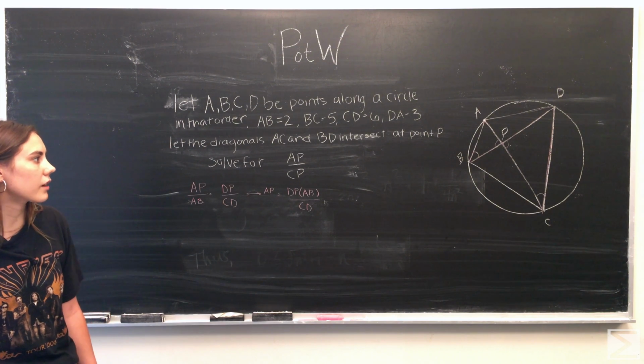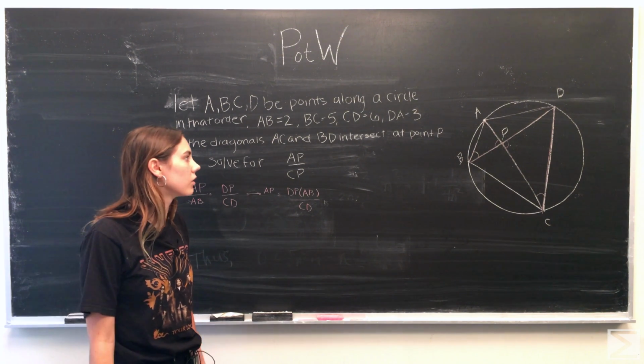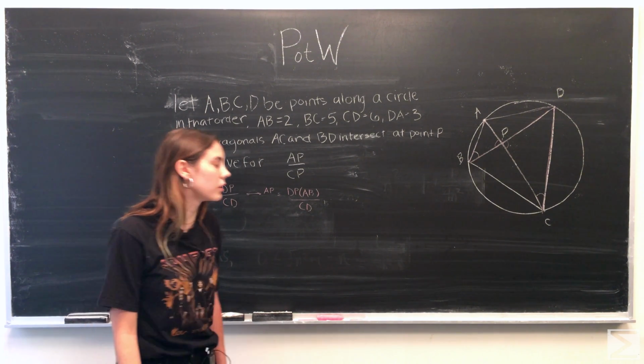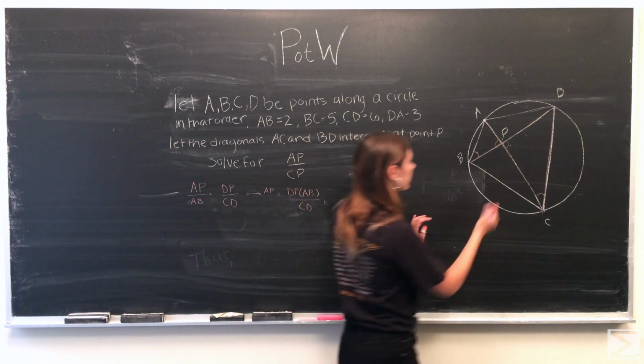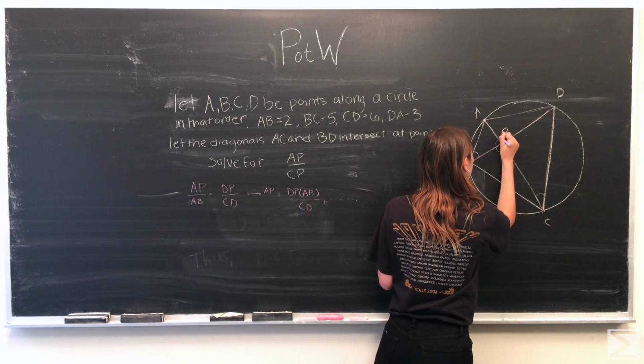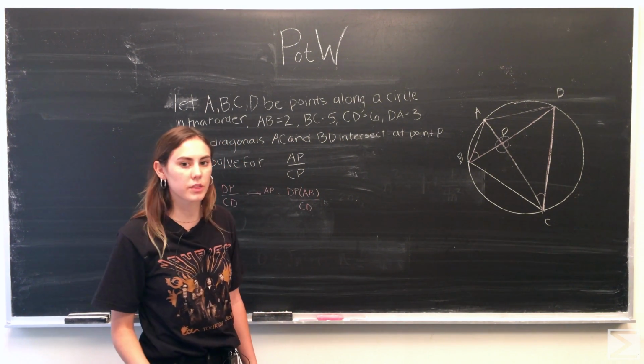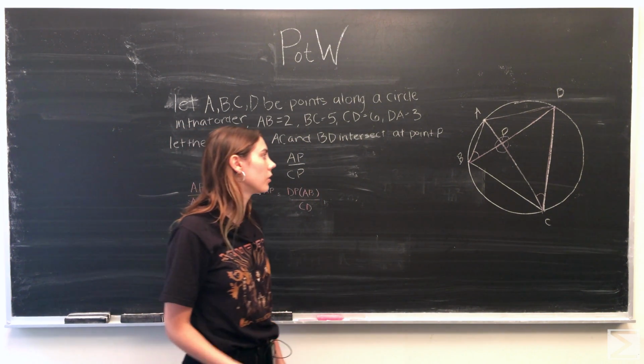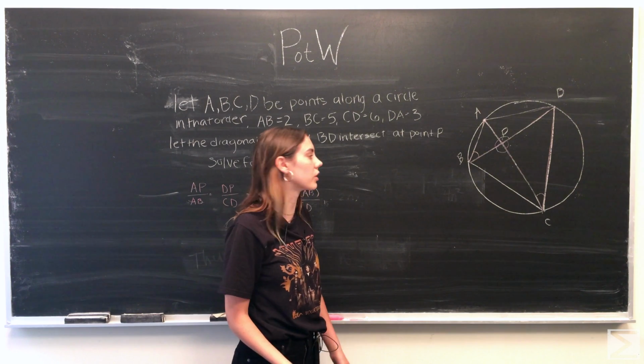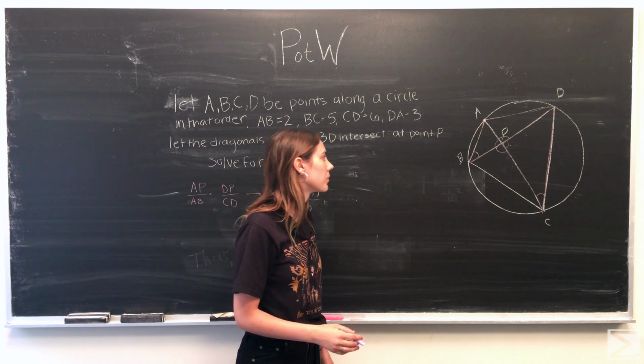Now looking at the triangle BPC and the triangle APD, you'll also notice that these two angles are the same. And using a similar technique with the arcs of the two triangles, you'll notice that they also have the same angle down below.